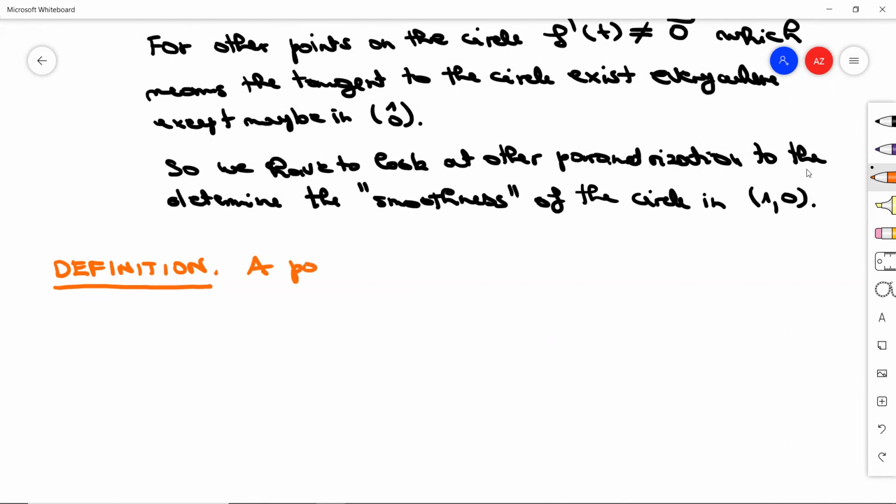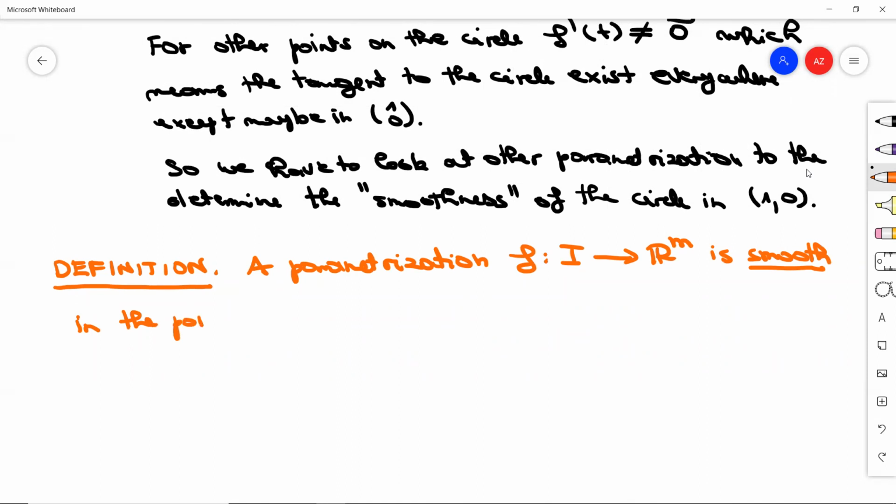A parameterization f is smooth in the point t naught, f(t naught), if the derivative f'(t naught) is non-zero.